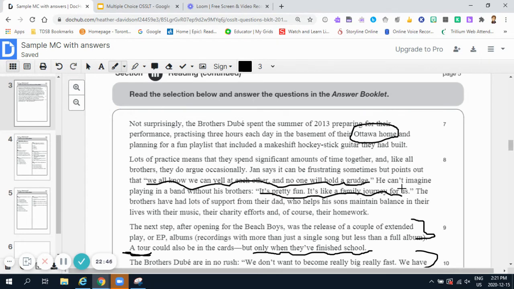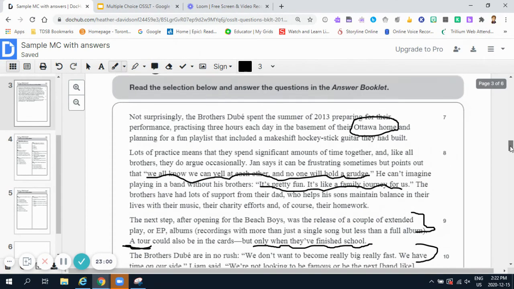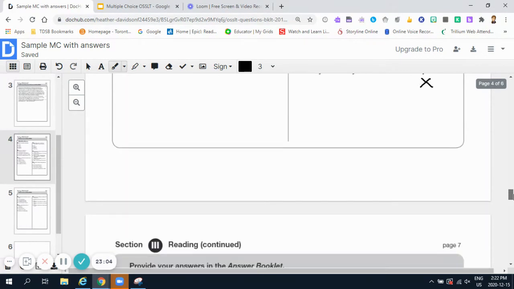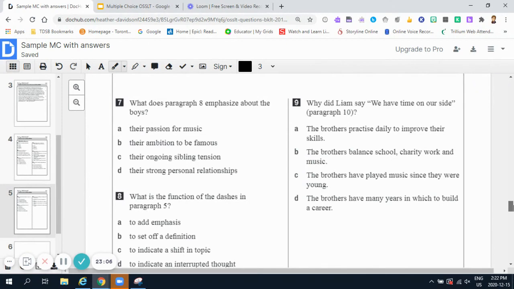It's a family journey. They have a lot of support from their dad. He helps them maintain their balance, charity, homework, music. So really all of this is all about their family bond, right? So that's what I'm going to guess the answer is. I haven't read the choices yet, but that's what I'm going to answer first.